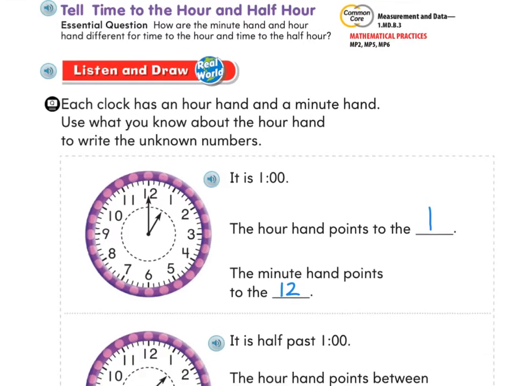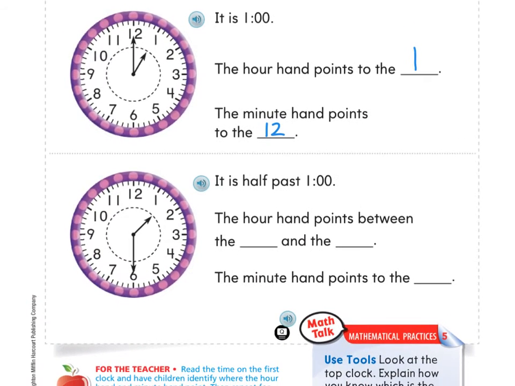Now let's look at the clock below. It says it is 1:30. The hour hand points between this number and this number. Go ahead and write that now. So on the clock, find the hour hand. It's pointing between two numbers. Write those two numbers here.